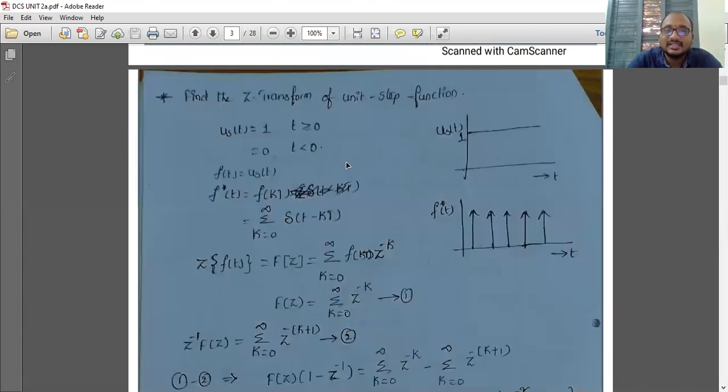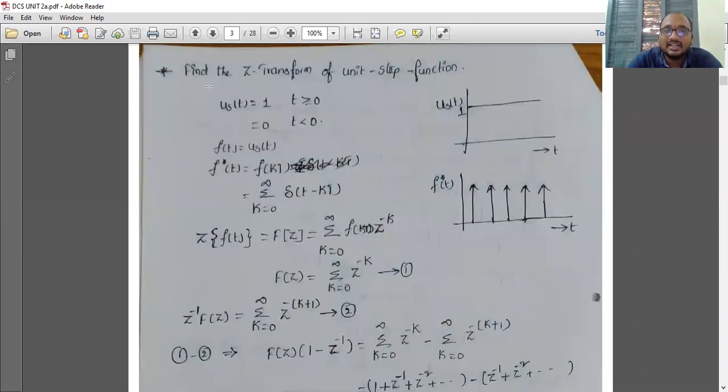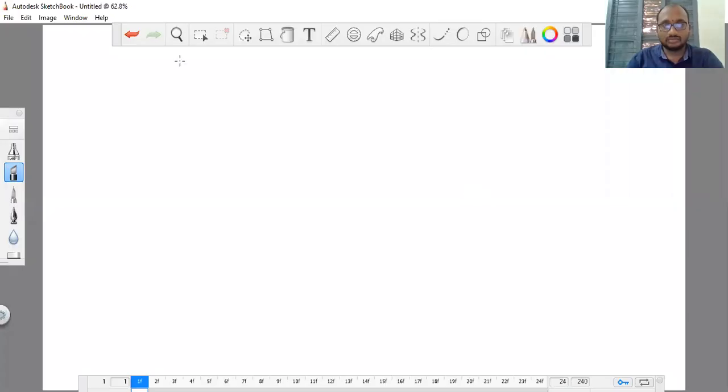So the first problem is to find the Z transform of the unit step function. Okay, so let us find this one out. What is the question here?